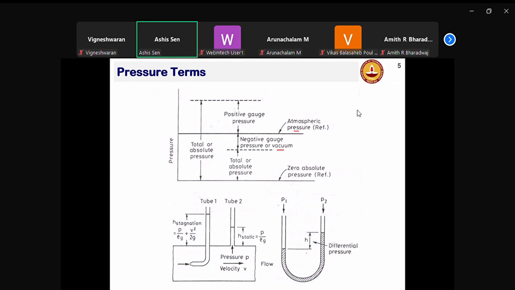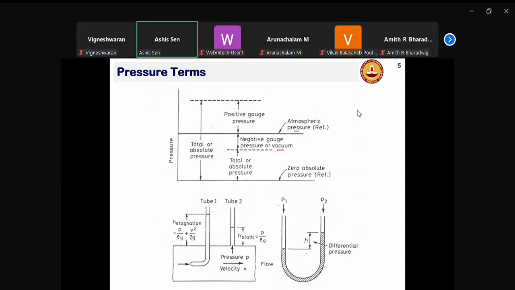So the kinetic energy that is there in the fluid molecule before coming to this point will be converted to an equivalent pressure head, okay, which is known as the kinetic pressure head, that is expressed as V square divided by 2G. So this kind of arrangement, a pitot static tube arrangement, will give you the static plus dynamic pressure, which is known as stagnation pressure. So we're going to look at these things in detail.